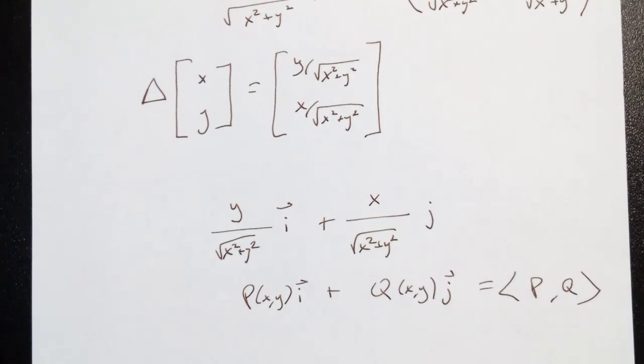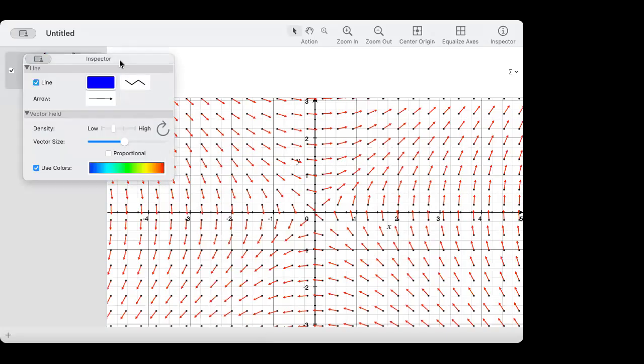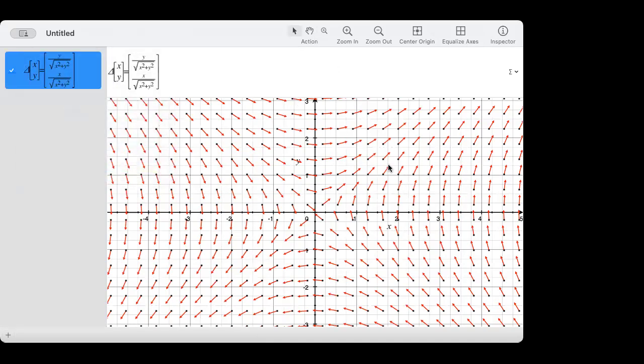I'm going to be the first person to tell you I hate drawing these pictures. But there's something in this vector field that to me is kind of important. And I can really show it in the picture. In the picture for this vector field, you'll notice there's a flow to this vector field, right?